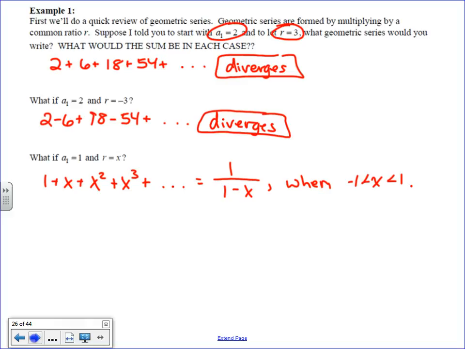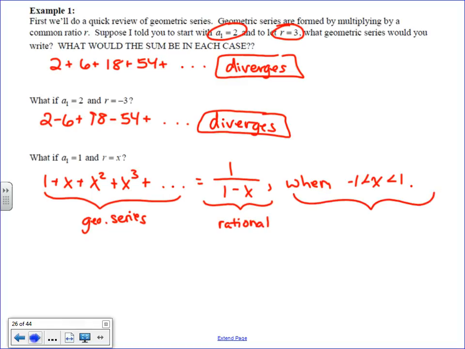Right? So we've just seen geometric series can actually be rational functions. They just have certain intervals of convergence. Does that make sense? So geometric series can be rational functions, but with restrictions, usually, right? Okay, let's keep going.